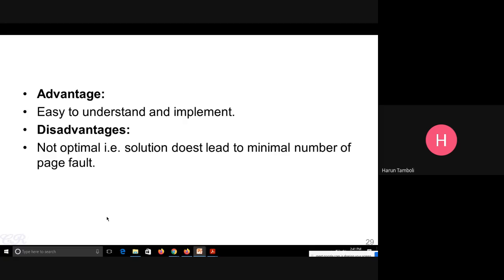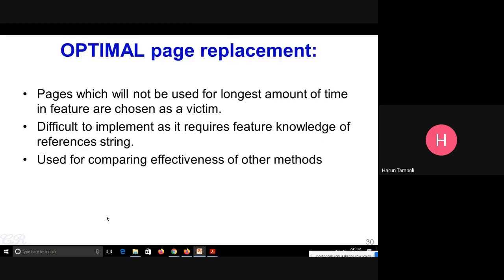And what is the requirement? Our requirement is that there should be a minimum number of page faults. So for that purpose, we can use another page replacement algorithm, the optimal page replacement. What happens in optimal page replacement?